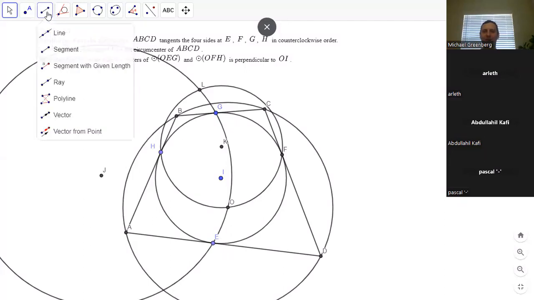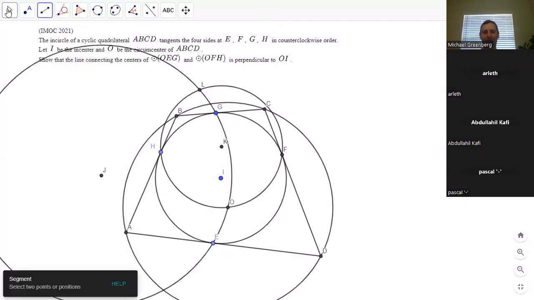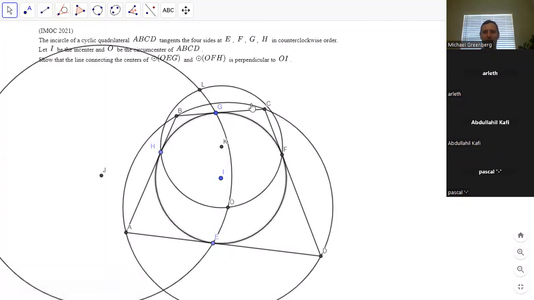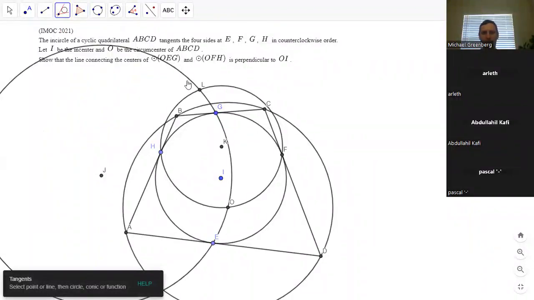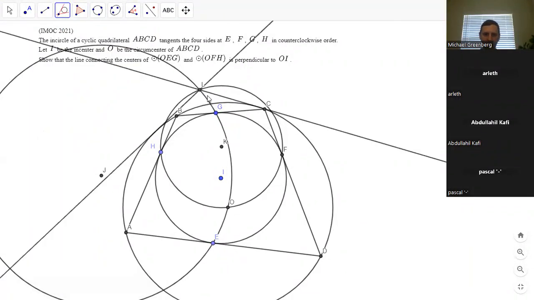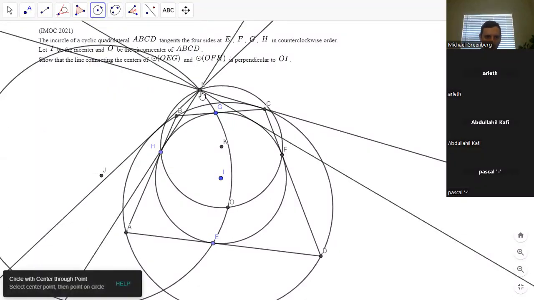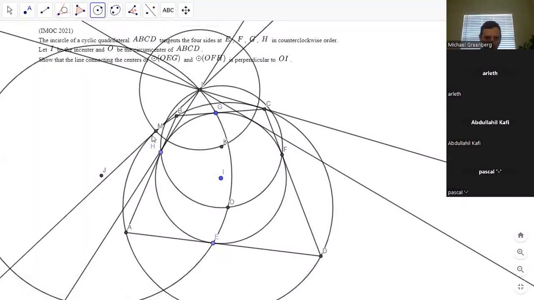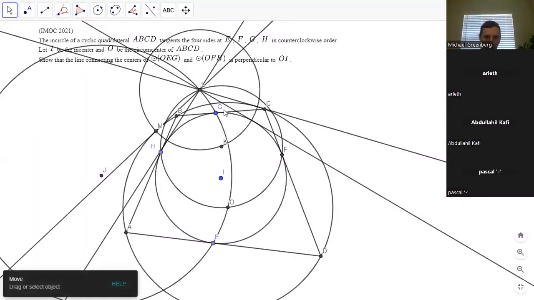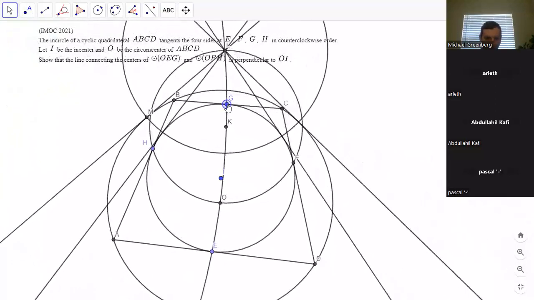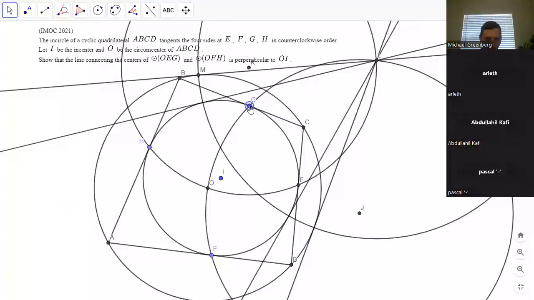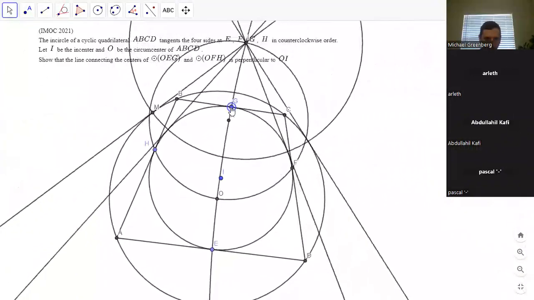Is there an easy way to do it? I guess if we want, we could check by drawing tangents. No, it's not on the radical axis. Maybe it is. Now I'm starting to think it is. I think I just didn't draw a good picture.